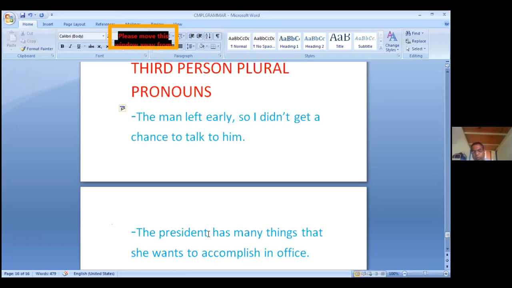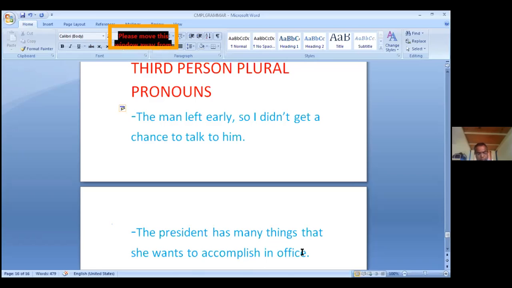If we know the gender, then according to that, if masculine gender, we have to use he, him, or his. If it's a feminine gender, we'll have to use she, her, or hers. So the president has many things that she, this pronoun stands for the president, who is a lady, wants to accomplish in office.